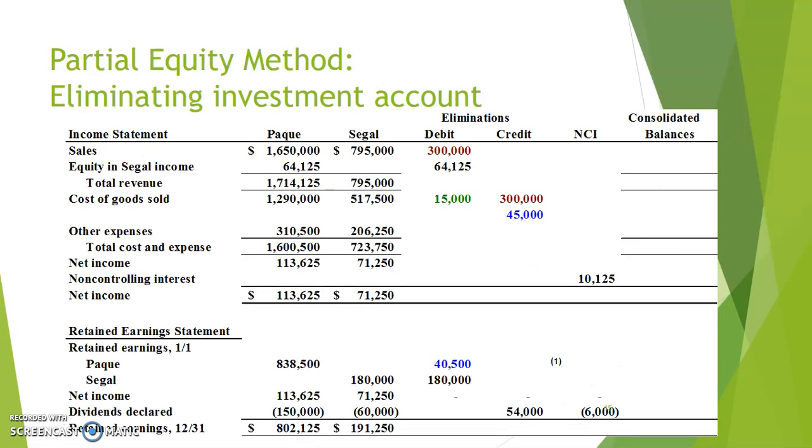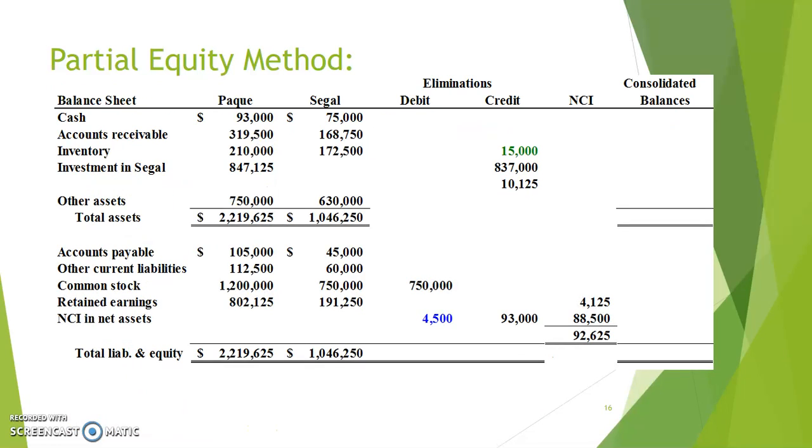Note that your investment account is now 837. It was 847,125, but when we credited the 10,125, the effect of subtracting this 10 from this 847,125 gives us a balance in the investment account of 837.